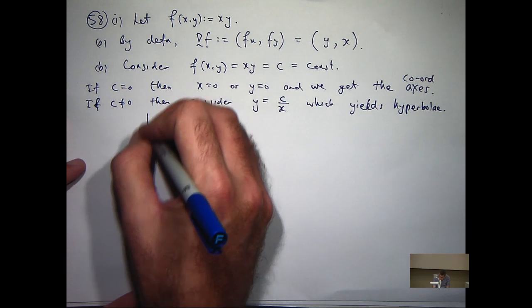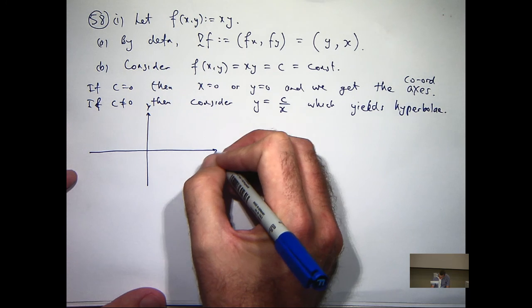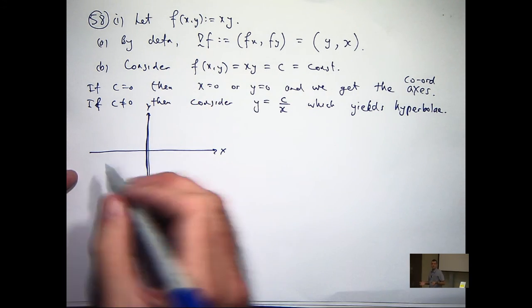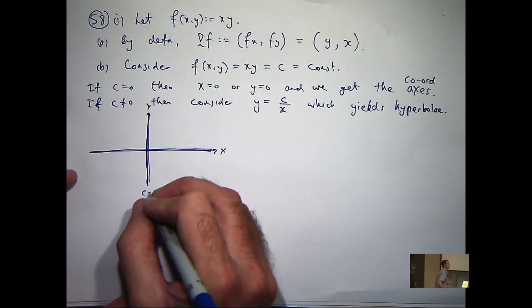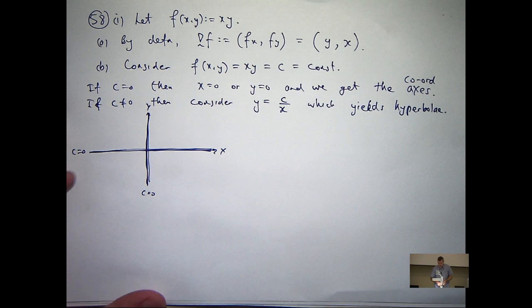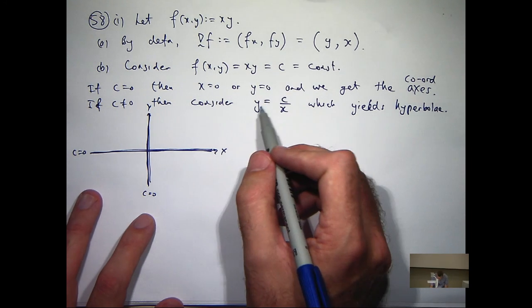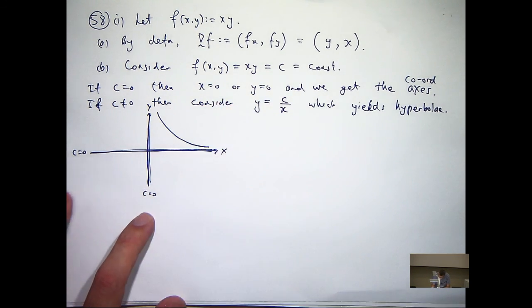Okay, so let's draw some in the xy plane. The coordinate axes are the case c equals 0. For say c equals 1, we're going to get something like y equals 1 on x. So that's going to be like that.